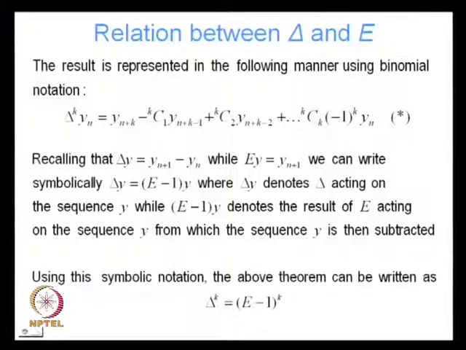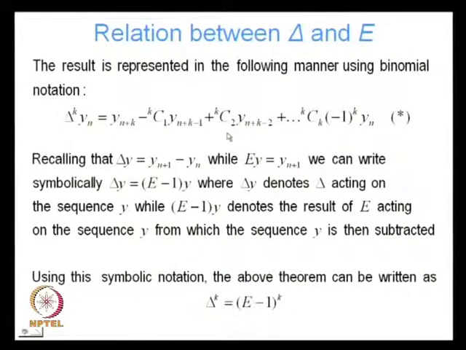Similarly, the terms become larger and larger, and eventually the result of operating k times on yn with the delta operator can be represented by something like this. We saw this expression last time, and we also tried to give a proof for that using induction. So, here I am just mentioning the final result. That was where we stopped last time.